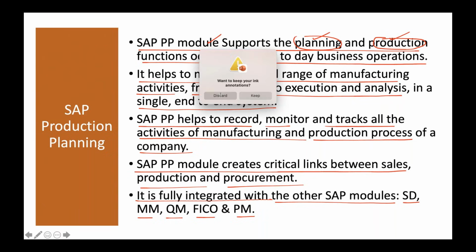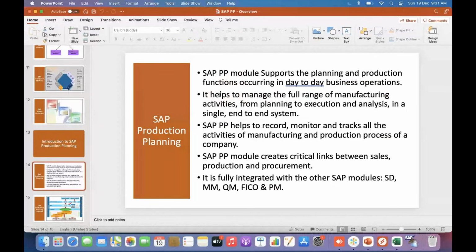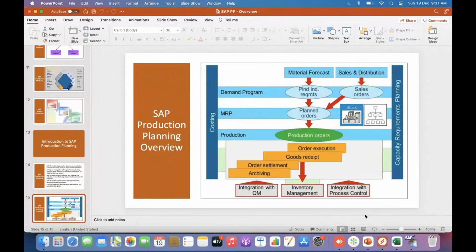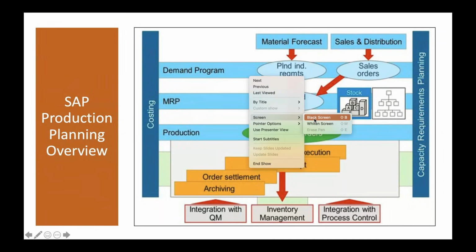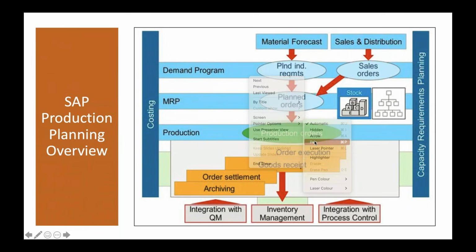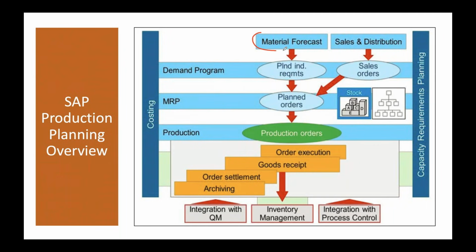So if you see this, you will see the high level end-to-end flow of the PP module. Basically, in the organization, first they will do the forecasting. To start the production, if they are in a make to stock environment, if they manufacture based on certain forecast, first they will do the forecasting.